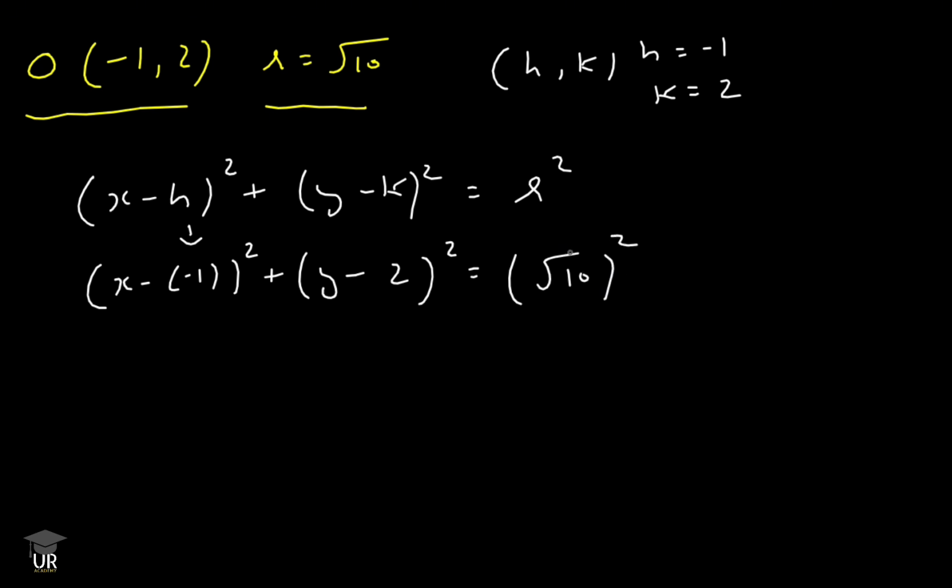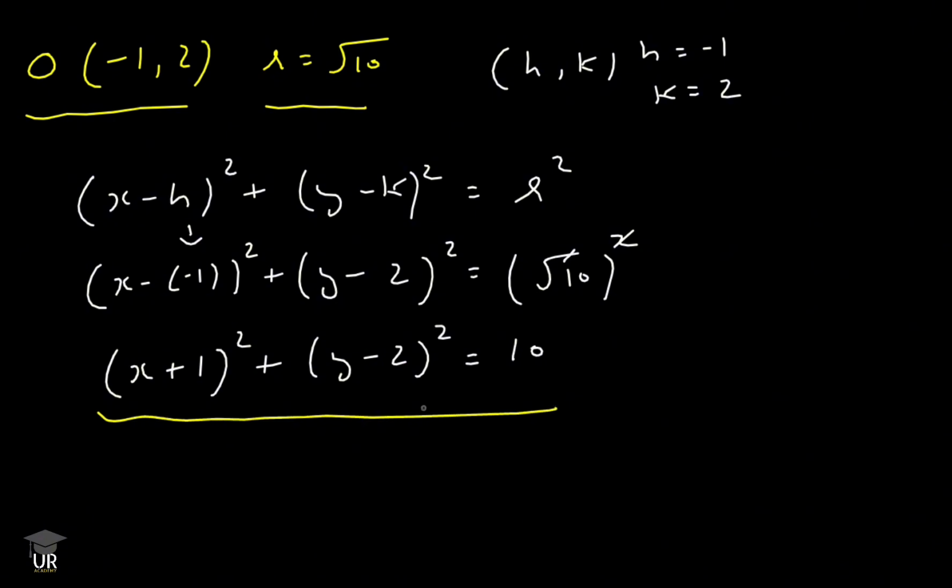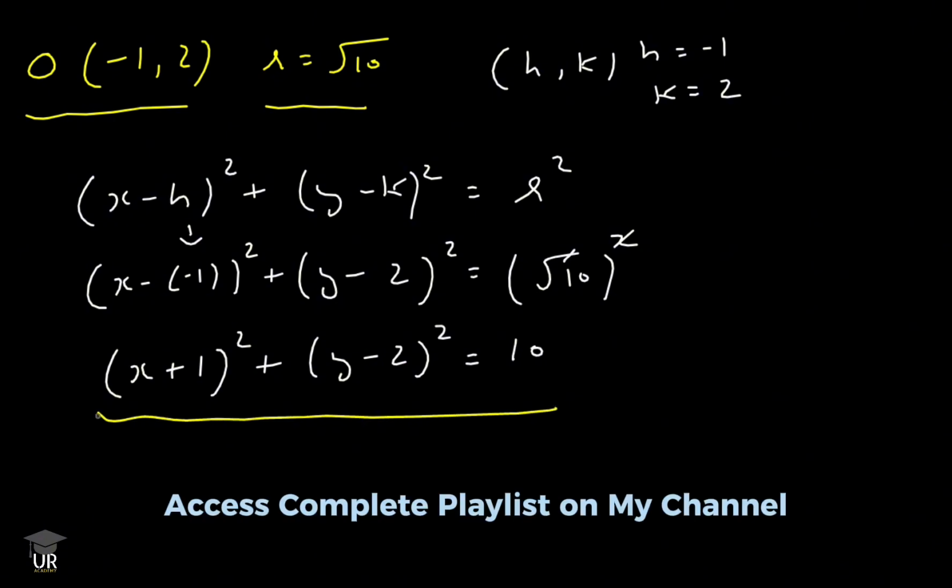So let's just cancel this out. So this will become x plus 1 square plus y minus 2 whole square is equal to just 10. So this is my answer and this is the equation of the circle that we needed to find.